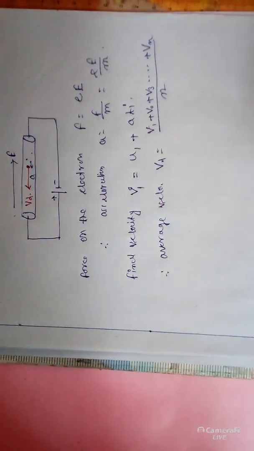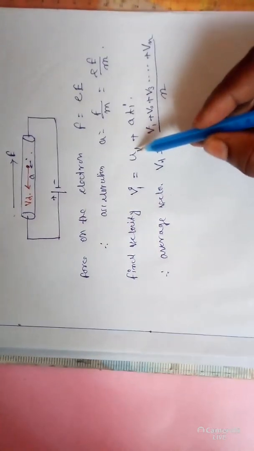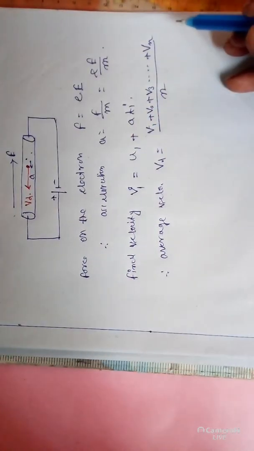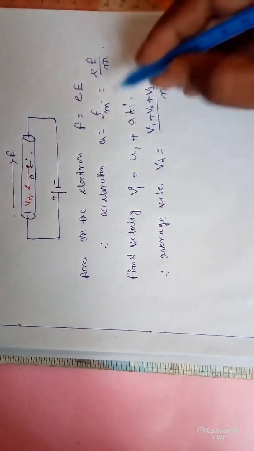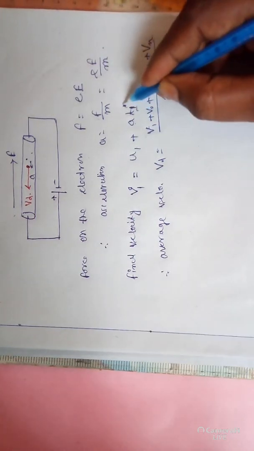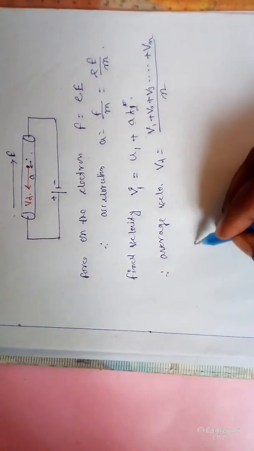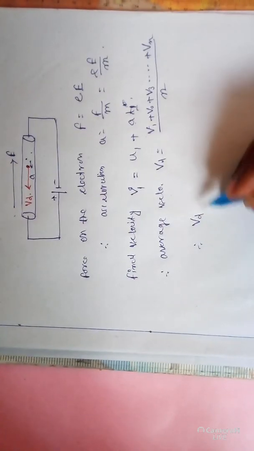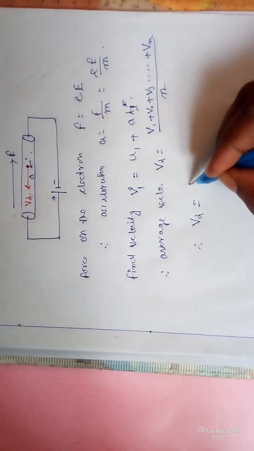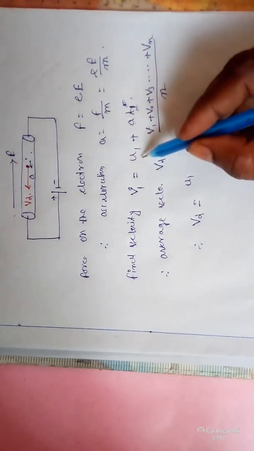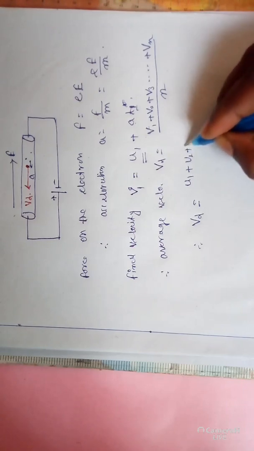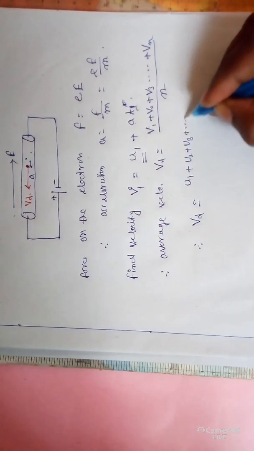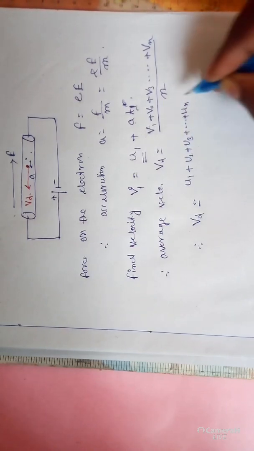Now if we take v1, v2, v3, then u1, u2, u3 are on one side, and from the other side you have to take the common a and t1. This is t1. Therefore Vd is equal to u1 for the first electron, u2 for the second electron, u3 for the third electron, plus dot dot dot un, divided by n.